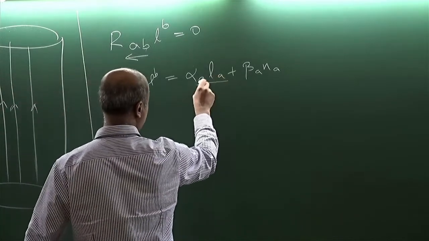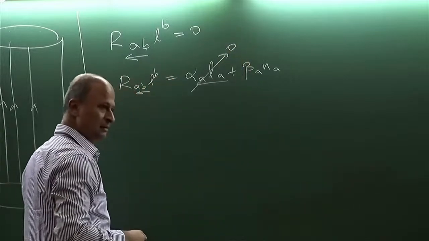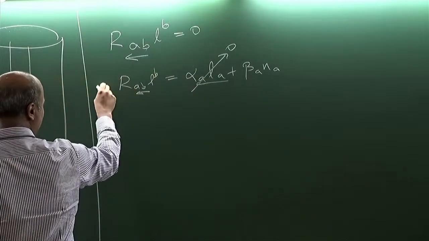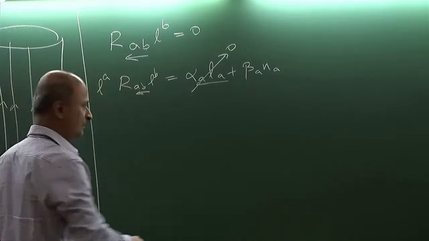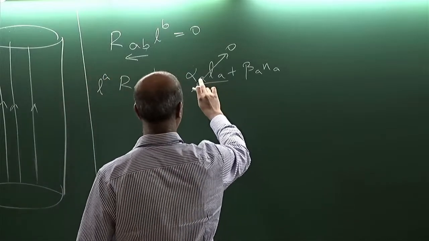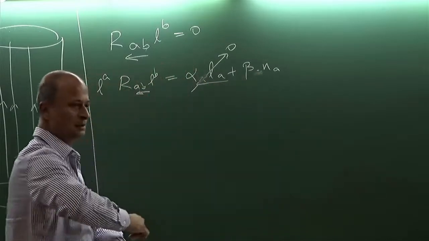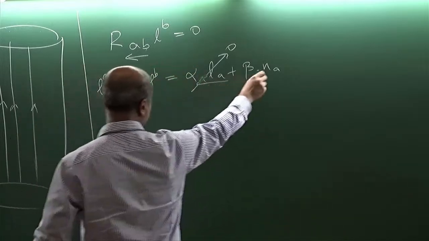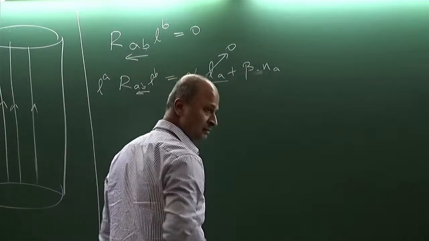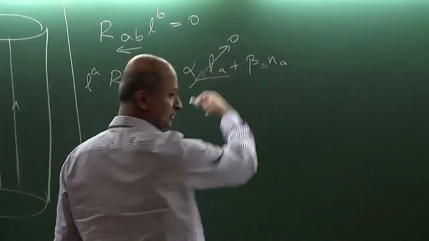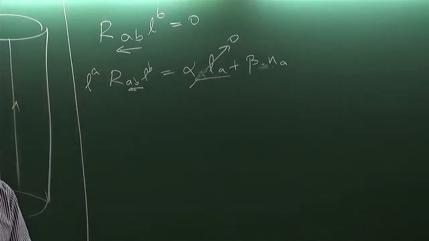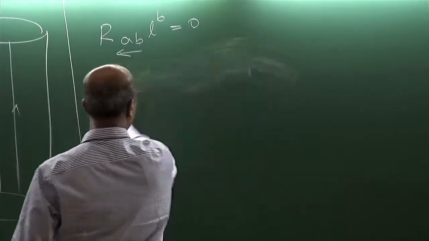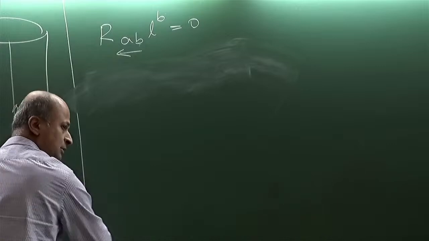This thing goes away when I pull it back. Pull this one back, this is not 0, but I contract this with L again. Sorry, they're just numbers, alpha and beta, scalars. So L dotted with N is -1, so this is just beta. And this must be 0, so therefore the whole thing has to be 0. So this is what we have shown.